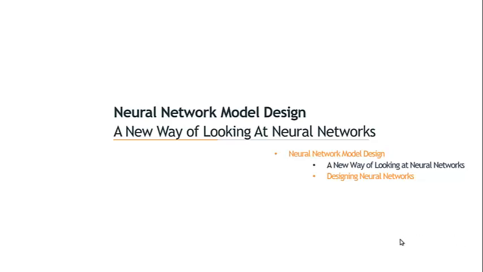Okay, this is the last of our series of videos on neural networks, and in fact the last of our series of videos on machine learning, and we'll be talking about practical issues in designing neural networks. So we mentioned in the previous video that there are three stages to implementing neural networks.